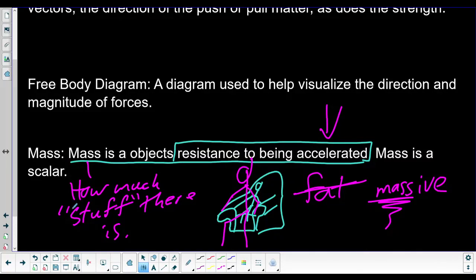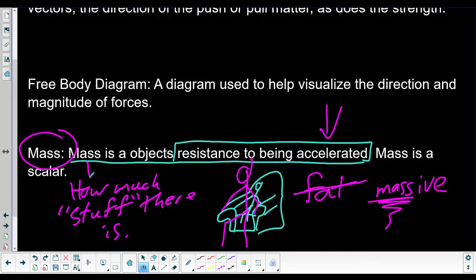And it's not how much space you take up, because there are things like lead that take up very little space but weigh a lot. So when we say things have a lot of mass, what we mean is it's hard for us to make them move.